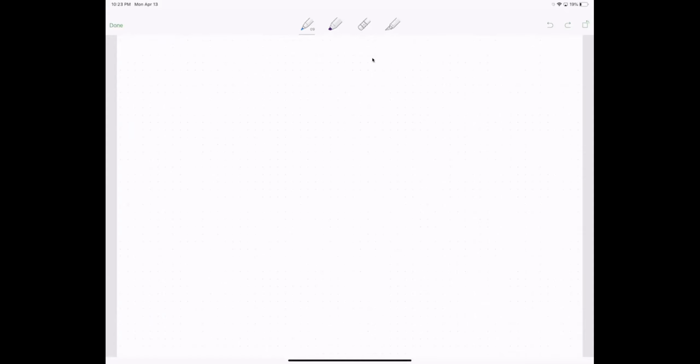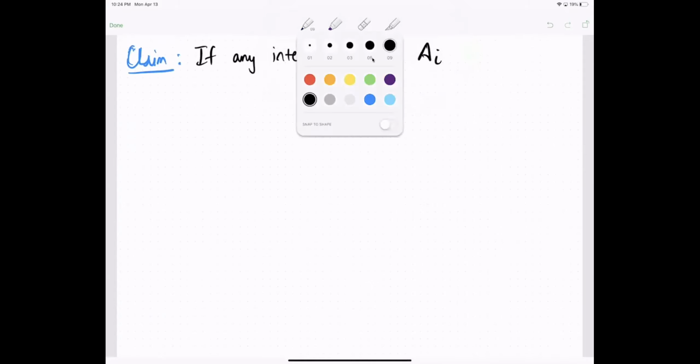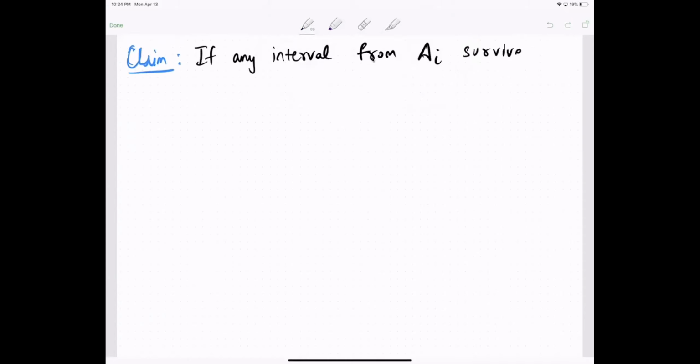Okay, so now the claim is, if any interval from Ai survives in phase 2, then the interval Ii is rejected in phase 2, right?